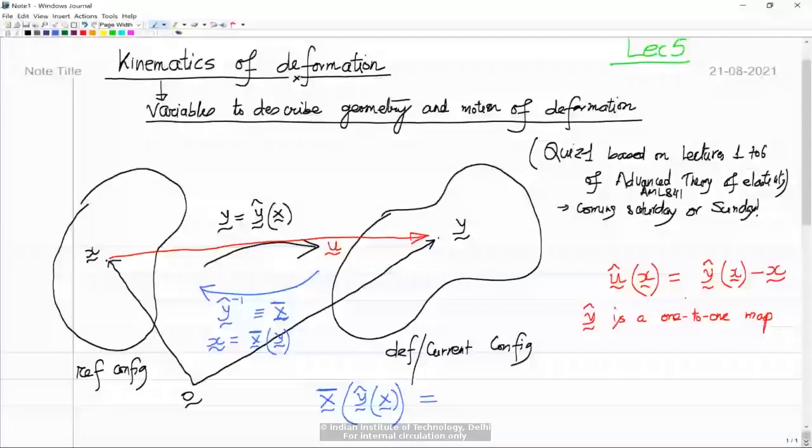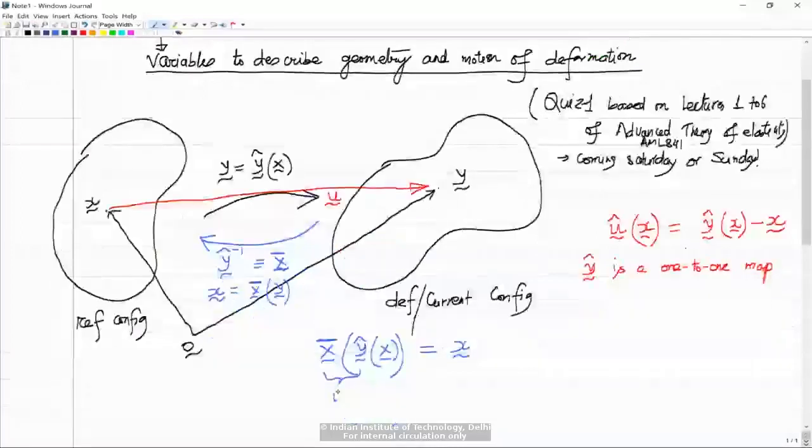Anyone? That's right. What you get is x itself. So you can see that there's an inverse function and then a direct function which are composed. Therefore, it becomes an identity function. So whatever you pass to it, you get back the same thing. Okay. So this composite map is actually identity function.